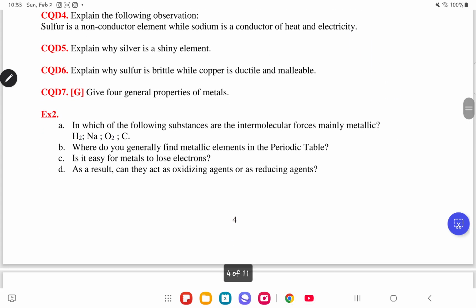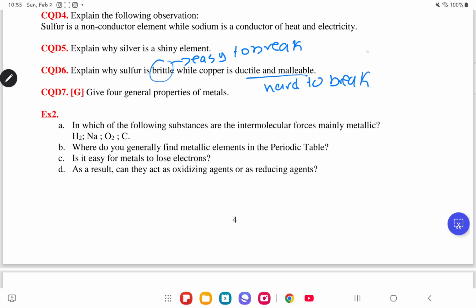So explain why sulfur is brittle while copper is ductile and malleable. Brittle means it's easy to break, whereas ductile and malleable means it's hard to break. Very simply, the forces of sulfur are van der Waals forces, which are the weakest forces that we learned of.